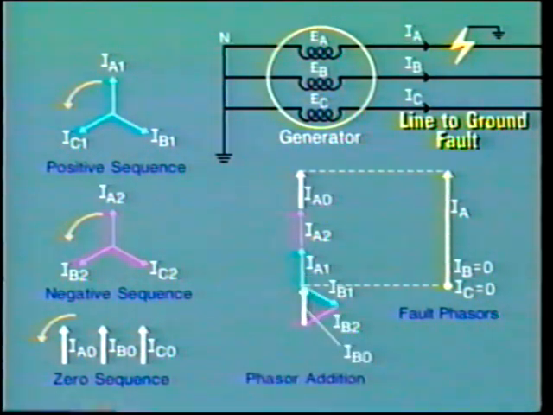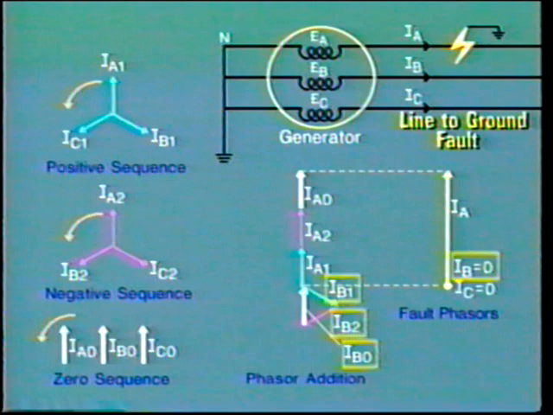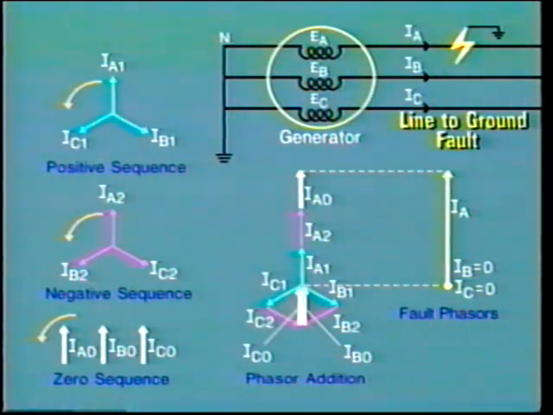Now, let us look at the current in phase B. By adding IB1, IB2, and IB0, the resultant IB equals 0. Similarly, IC equals 0. The magnitude of each component is of equal value, that is, IA1 equals IA2 equals IA0.